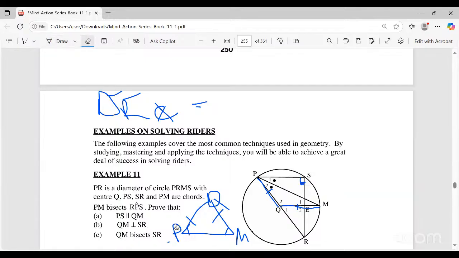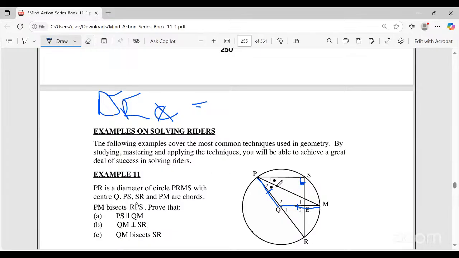Okay. Then let me wrap this. Let me erase this. Now I'm saying if PQ is equal to QM, you can say this angle is equal to that angle.